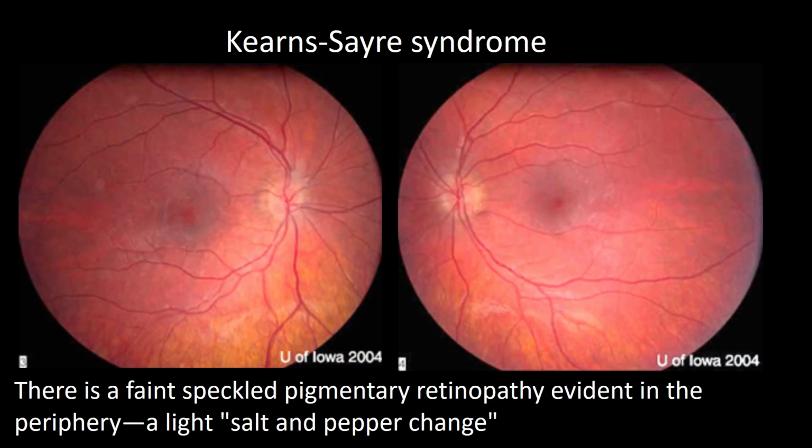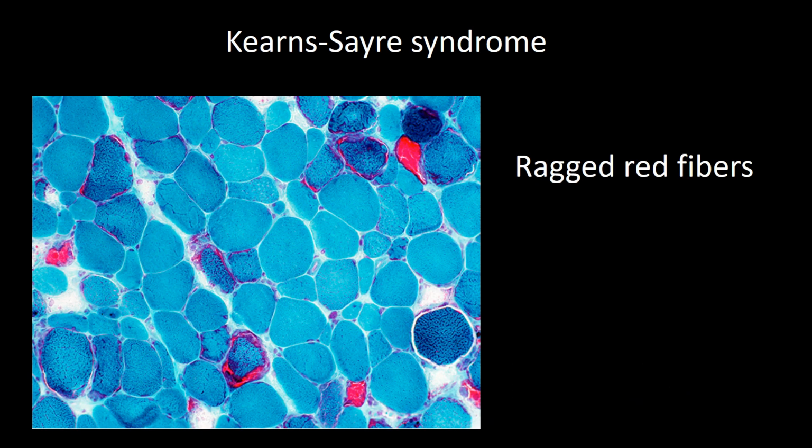Patients with Kearns-Sayre syndrome have a peculiar fundoscopic abnormality, described as salt and pepper changes. Muscle biopsy in these patients shows ragged red fibers, here stained using Gomori trichrome stain.